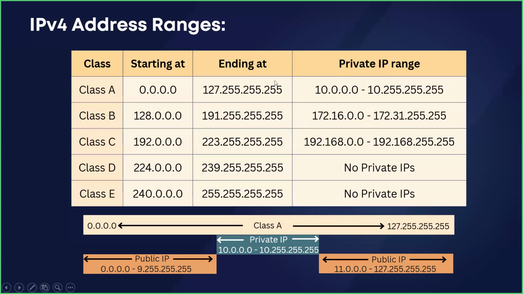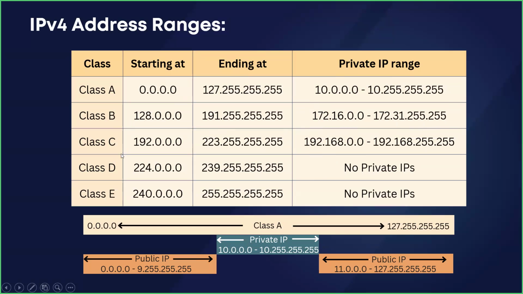Similarly, in Class B, between 128 and 191, there's a small private IP range from 172.16.0.0 to 172.31.255.255. This is the private IP range in Class B. Any IP within this range is a private IP. Any IP outside this is a public IP.